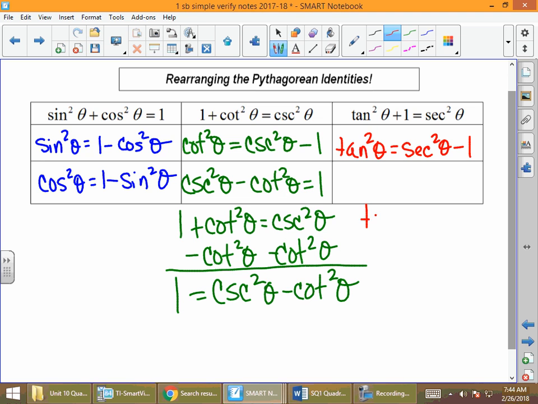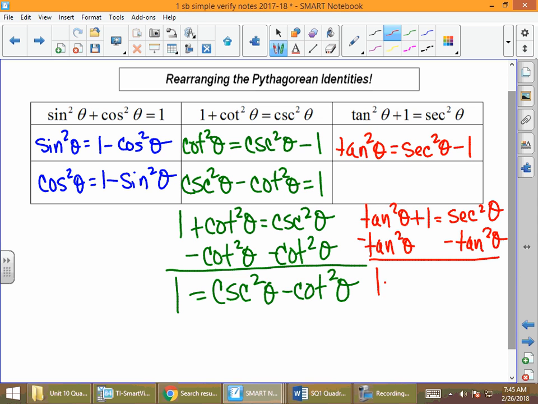We take tangent squared theta plus 1 equals secant squared theta and subtract tangent squared theta from both sides. We end up with 1 equals secant squared theta minus tangent squared theta. If you prefer, you can write it in that format, or we can write secant squared theta minus tangent squared theta equals 1.